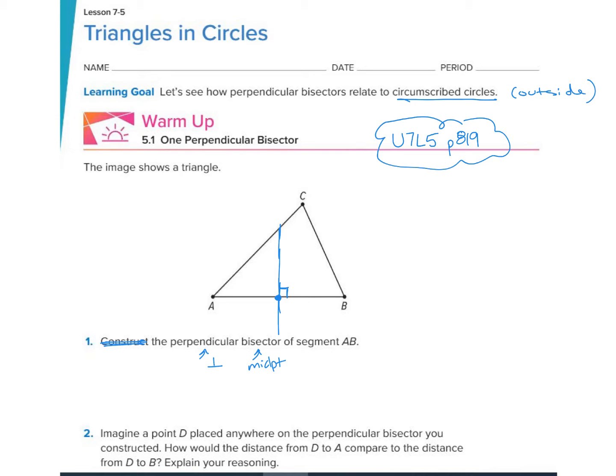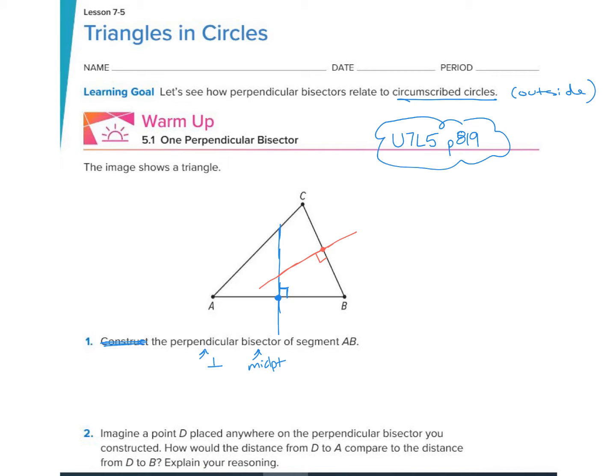So let's do the same thing to sides CB and CA. So I'm going to get a different color. So CB, let's also put our midpoint approximately on there. Let's construct that line that appears to be perpendicular. Nice. And we're going to do that one more time for AC.